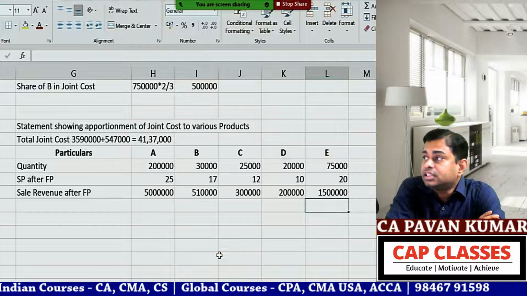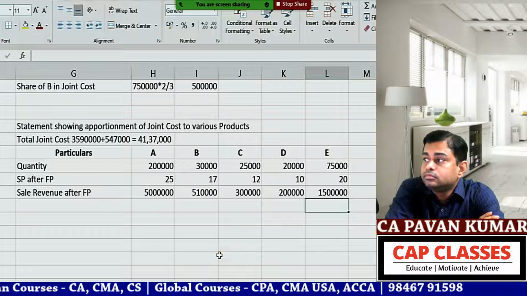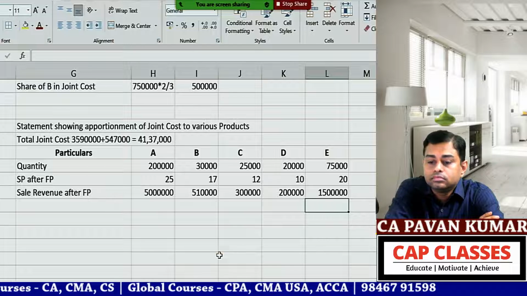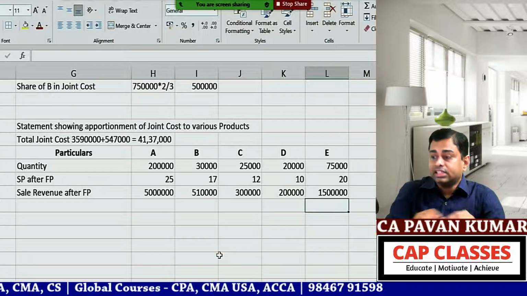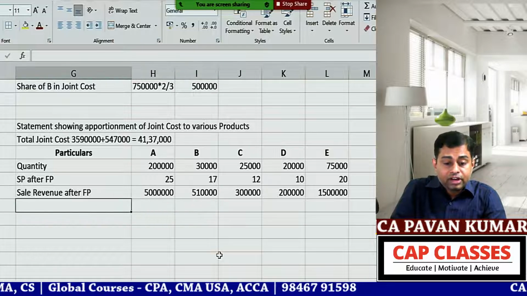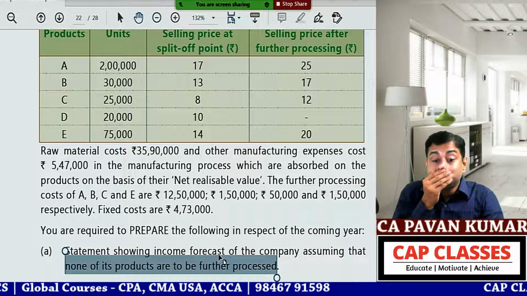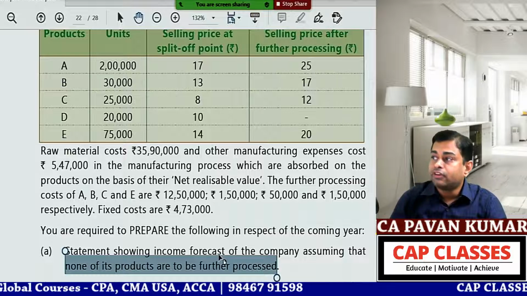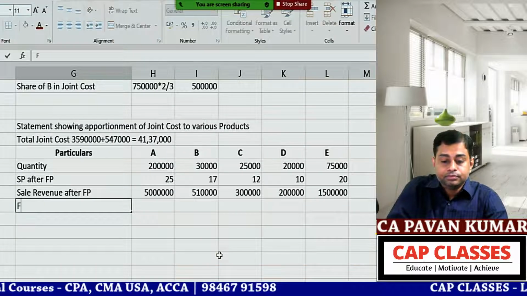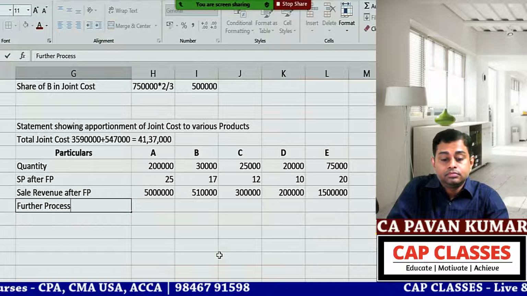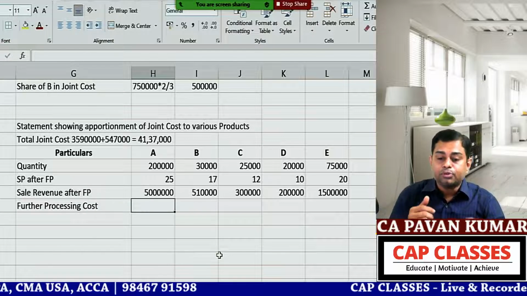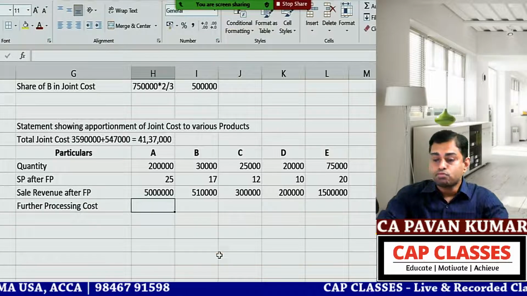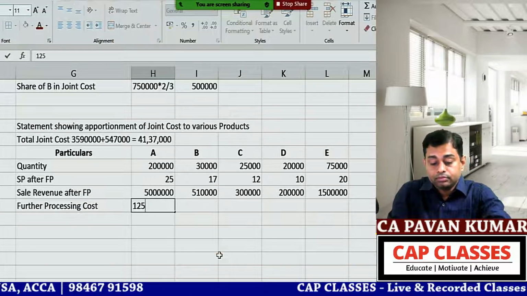So you got these answers. Yes. Further processing costs are given. From here, tell me what is the further processing cost of A? 1,50,000, sir.